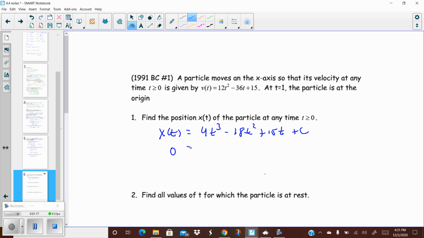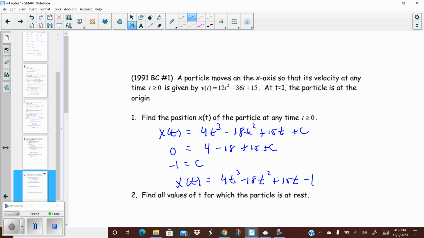If I plug 1 into all the t's, we'll get 4 minus 18 plus 15 plus c. 4 minus 18 is negative 14, plus 15 is 1, so c is negative 1. Which means that the position of the particle is 4t cubed minus 18t squared plus 15t minus 1.